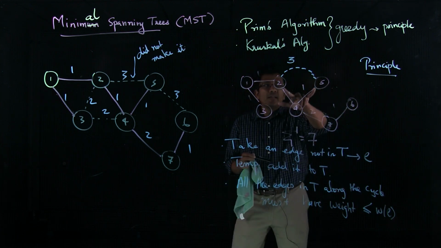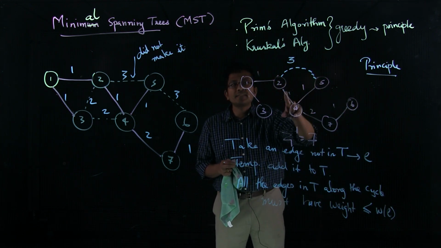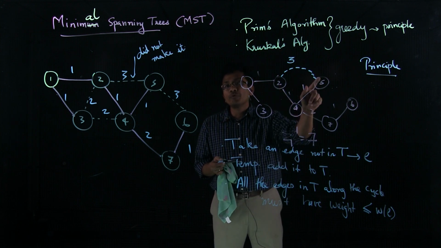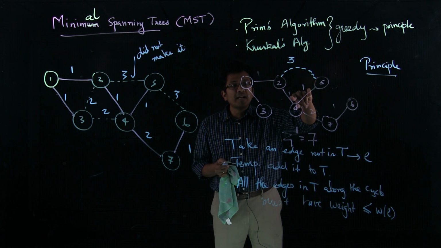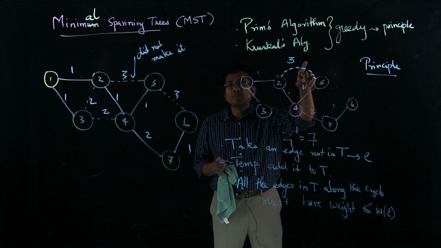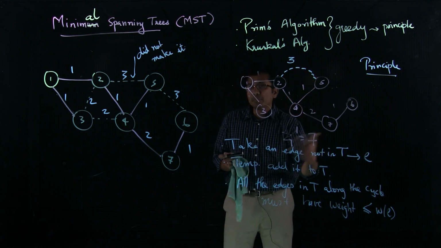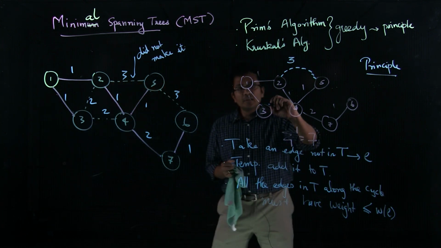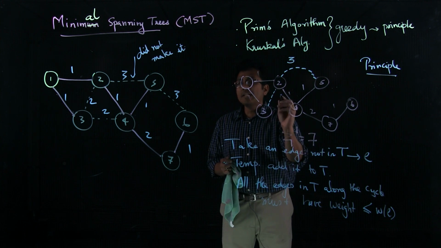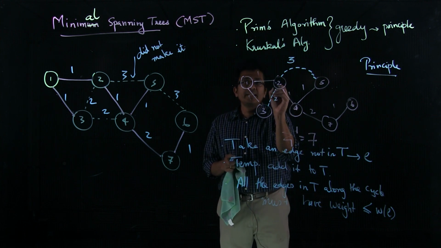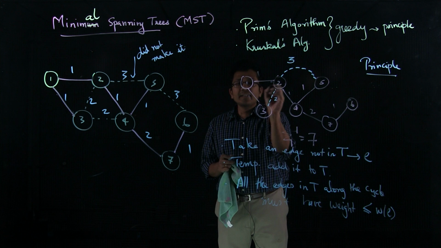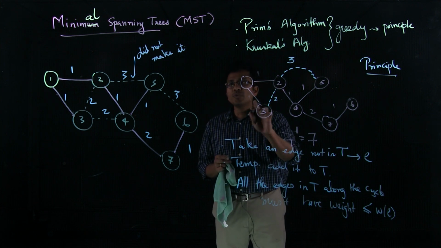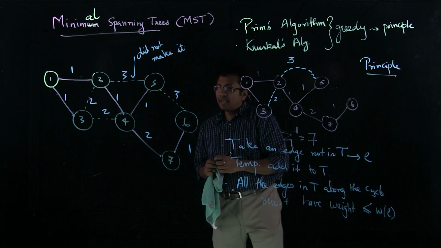So if I added 2 to 5, its weight is 3. Now let me look at the edges along the cycle that are already in the tree, 2 to 4, 4 to 5. Well, those must have weights that are less than 3. That is the principle. So take any edge that's not in the tree. Let us take another edge, 2 to 3. Its weight is 2. Let us take all the edges that are in the tree. Those weights are 1 and 1. 1 is less than 2, 1 is less than 2. Let us take 5 to 6.